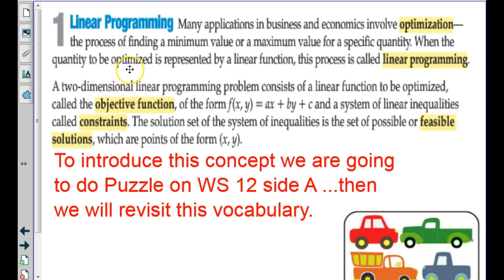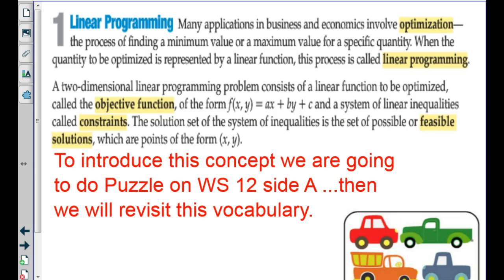When the quantity to be optimized is represented by linear graphs, it's just called linear programming. A two-dimensional linear program consists of a linear function to be optimized, called the objective function, and a system of linear inequalities called constraints, and then you will get a set of systems or a feasible region.